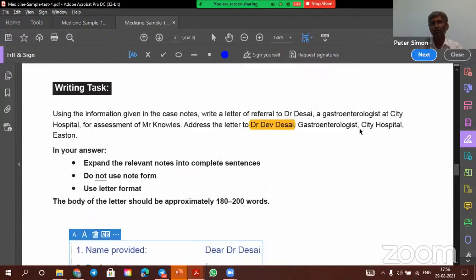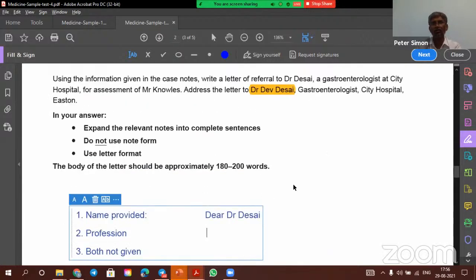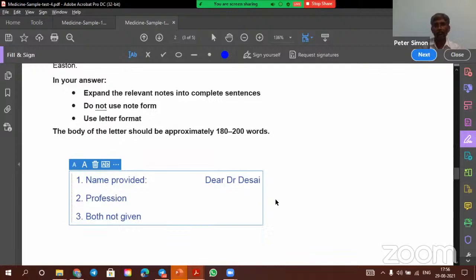Dear gastroenterologist or a dear doctor. Just write, dear doctor. And you don't know anything about anybody. We don't know even their profession, and it is others. Then write, dear sir or madam.